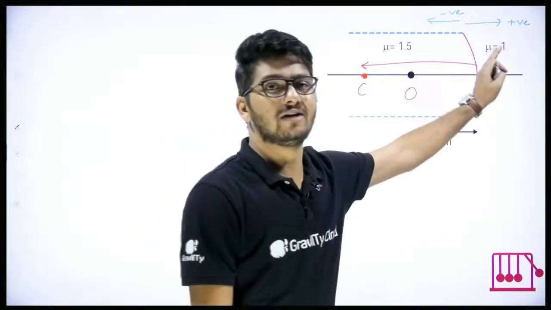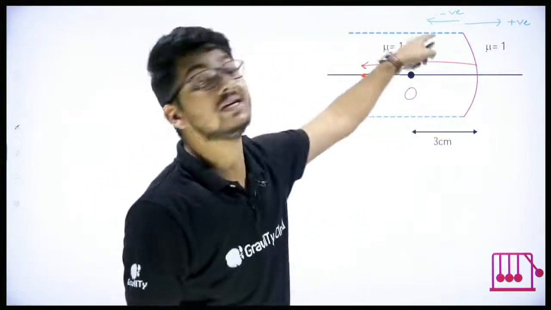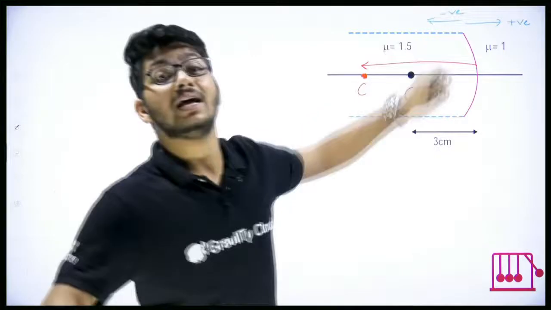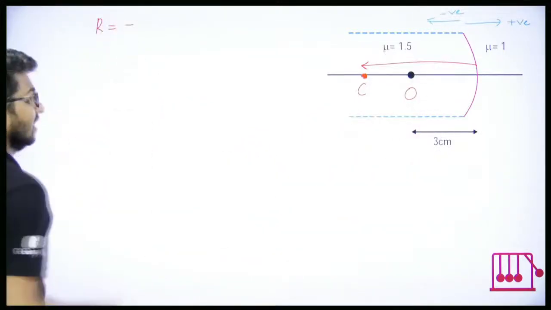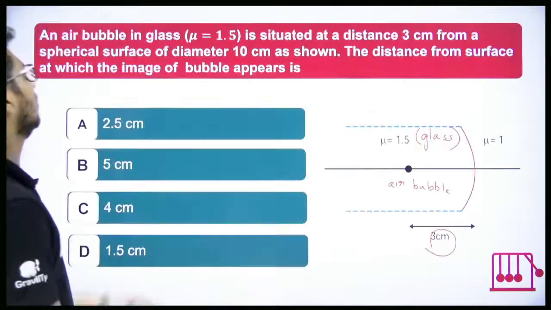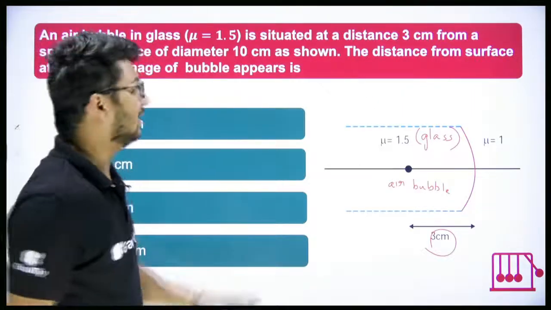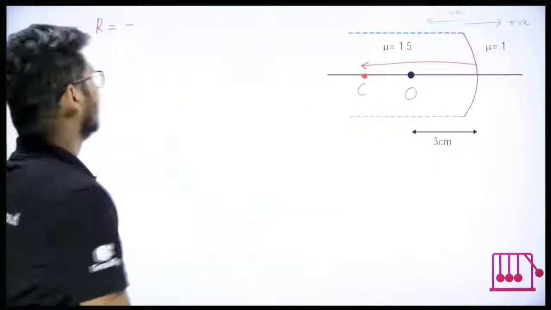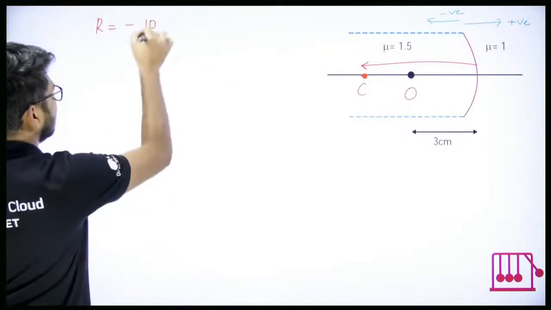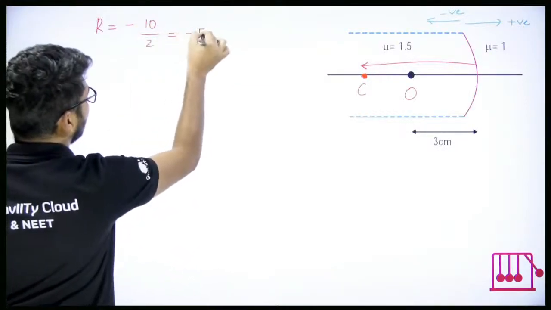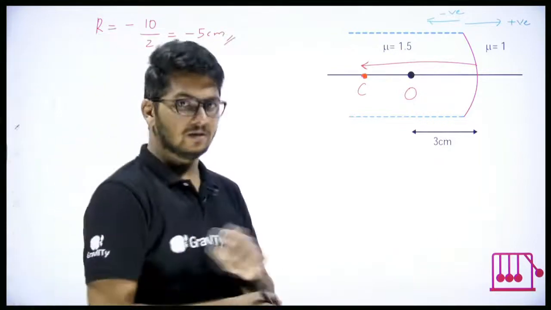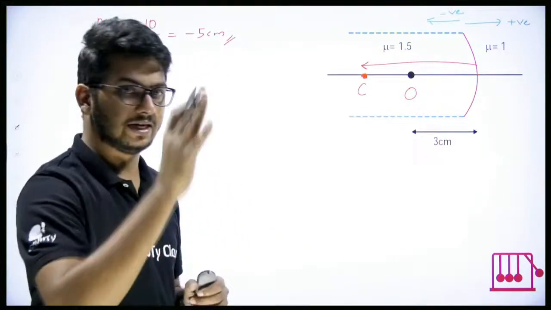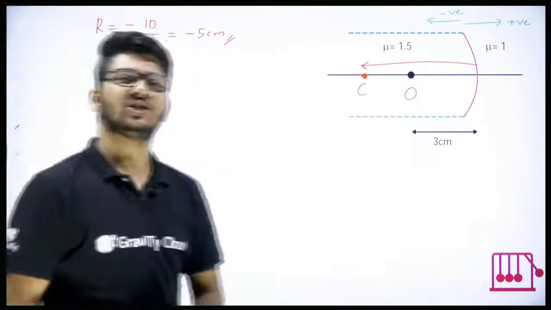From the surface it is towards left, and left is negative. So you will take radius as negative. And what is the value? Diameter is given as 10 centimeter. Radius is half of diameter, so minus 10 by 2, minus 5 centimeter. So we got radius with proper sign. Now what about object distance u?